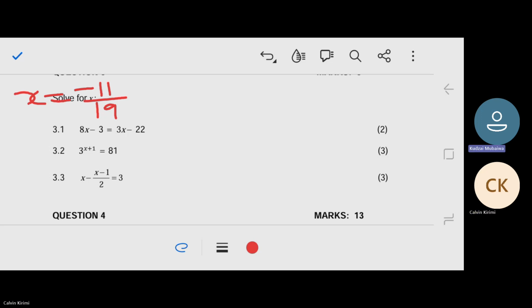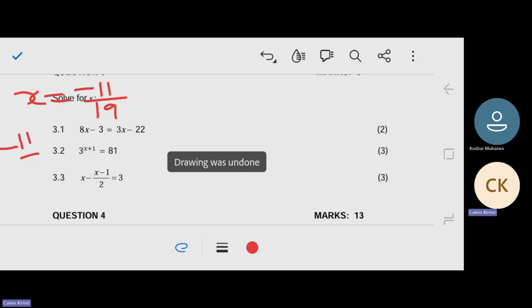It's negative, and then we have 11 over 19. So I'm asking, is the answer having one negative sign? Yes, sir. Yes, so which is the same. A negative can be on top, a negative can be on the denominator. It does not change the value. Is it negative 11 over 19? That's what I'm asking. Yes, sir. It does not matter whether the negative is standing alone over 19 or on top, it's still the same.